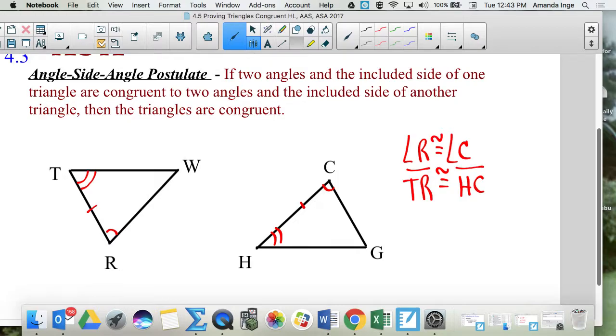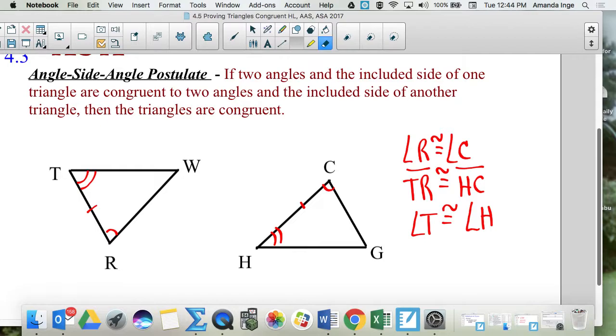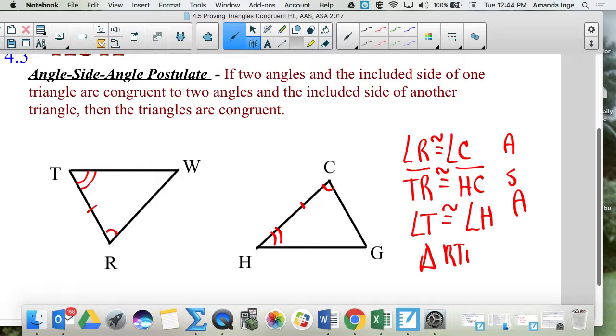And you would have angle T was congruent to angle H. So then, because you have an angle, a side, and an angle, we could say triangle RTW was congruent to triangle, I started with R, so I've got to start with CHG. Okay?